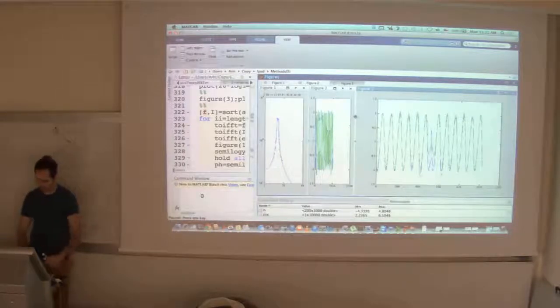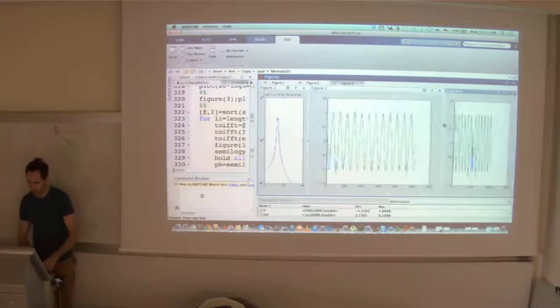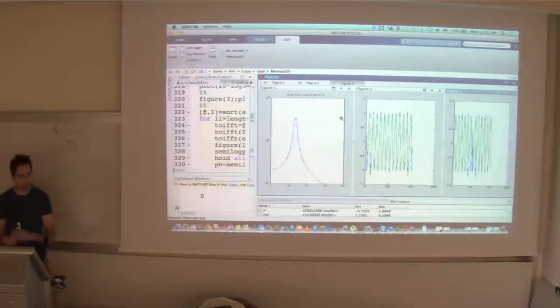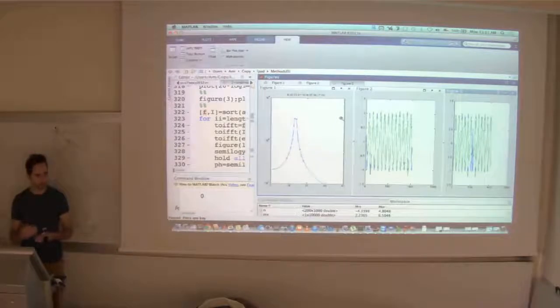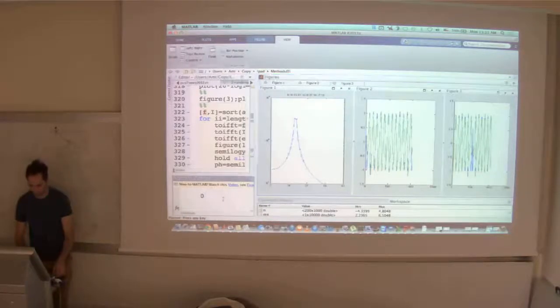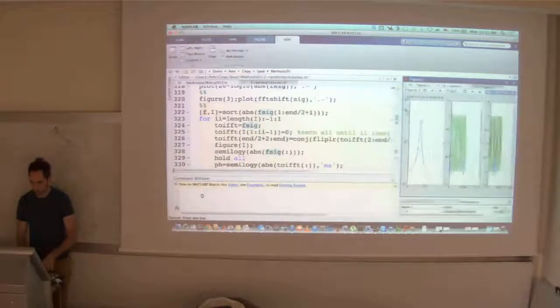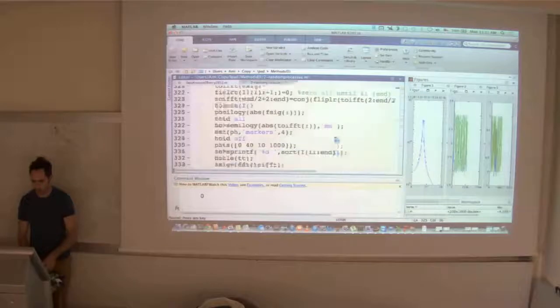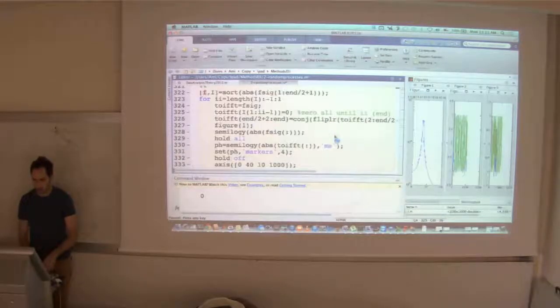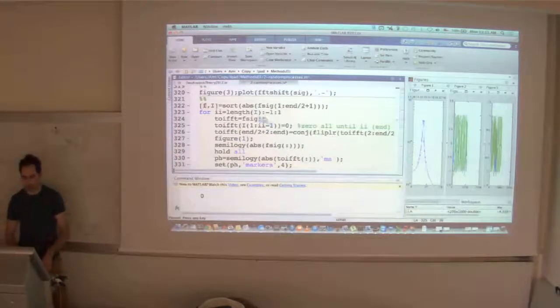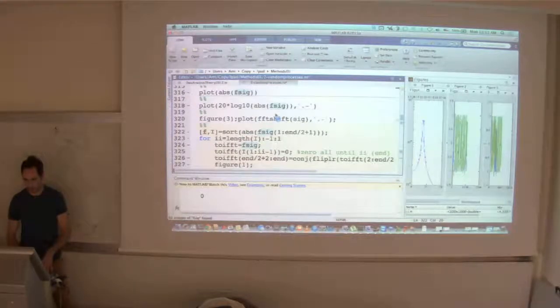But the way that we did this process was in a very gentle way of taking the right amplitude and the right phase of each of the frequencies and combining them. Okay, so you got the algorithm here. The important part is when I took the FFT.